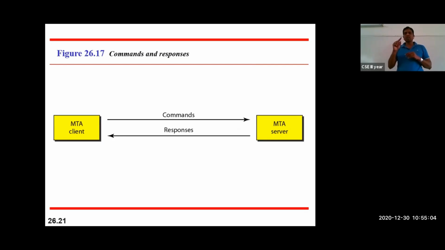Right? So all this will happen when you compose a mail and click on send. What happens? You see some information, a small tab there saying sending. So what is happening when that sending is shown to you? Actually, all this is happening. The mail transfer agent at the local site is communicating with the server.